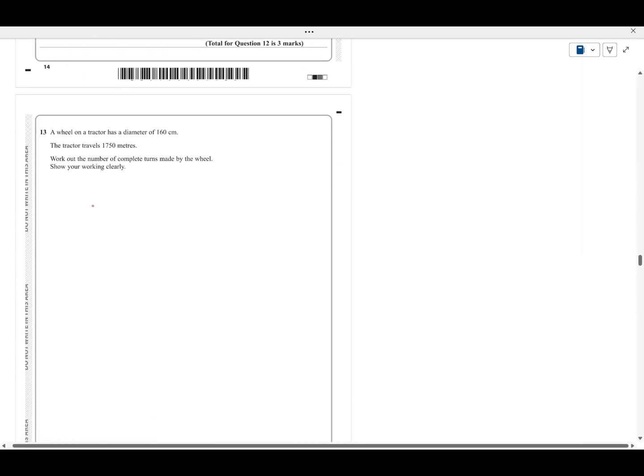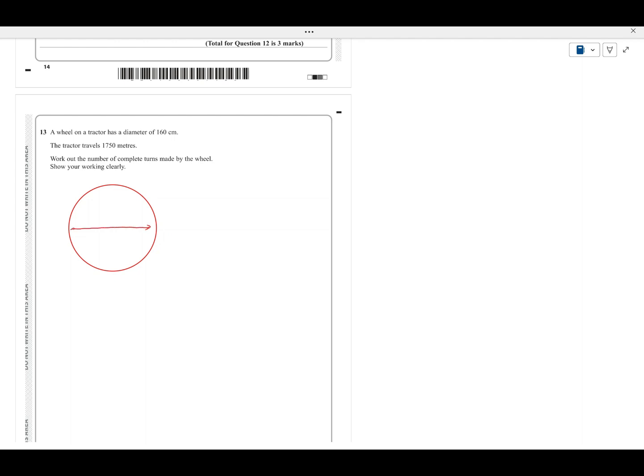Number 13. A wheel on a tractor has a diameter of 160 centimeters. Let's draw that wheel. Here's its diameter, 160 centimeters. The tractor travels 1,750 meters. Look out, different units.